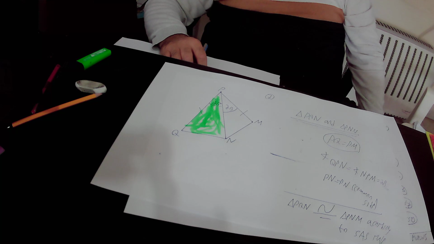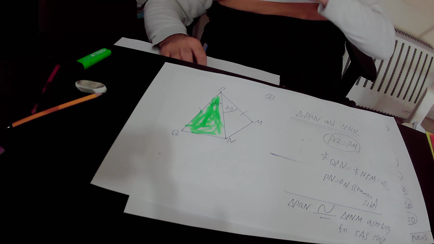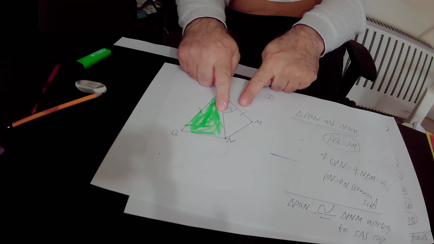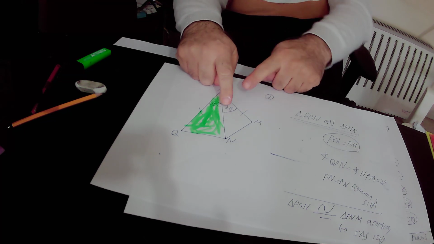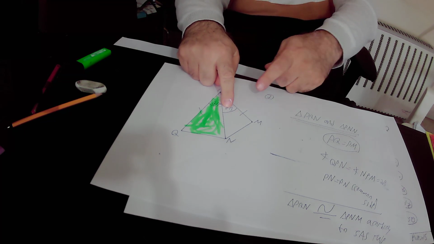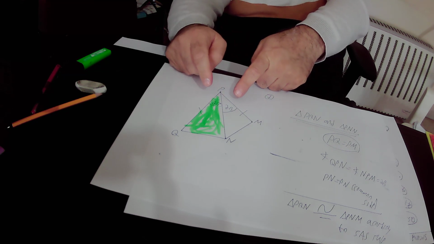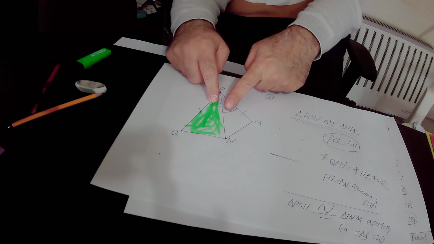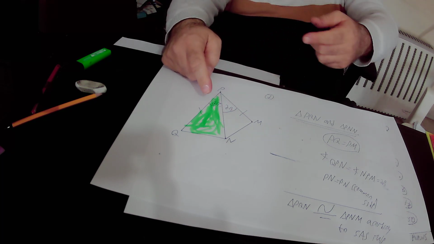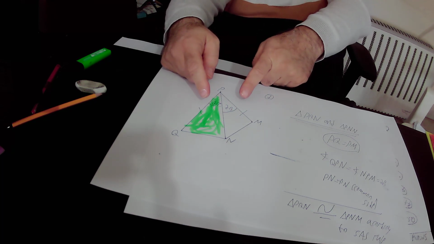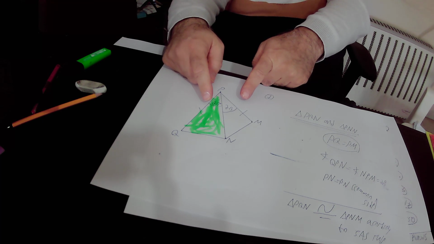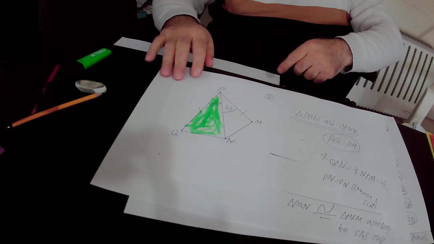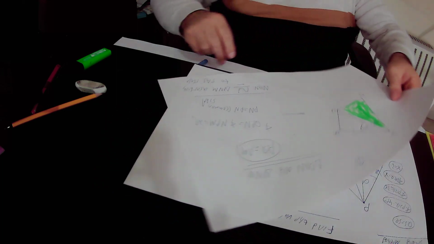And we actually proved that those two sides and the angle between them, 2 beta in the white triangle, are congruent to those two sides and the angle between them, 2 beta in the green triangle. Therefore the green triangle is congruent to the white triangle according to the side angle side rule.